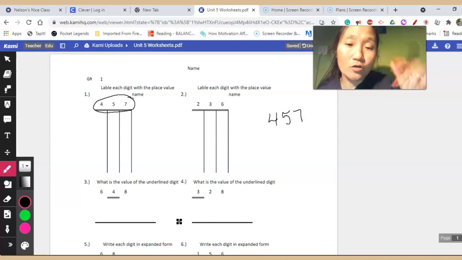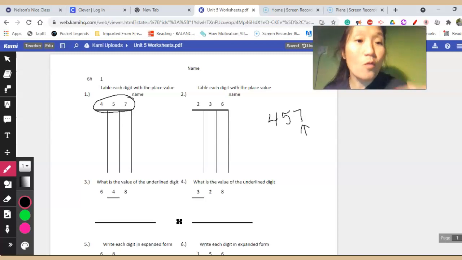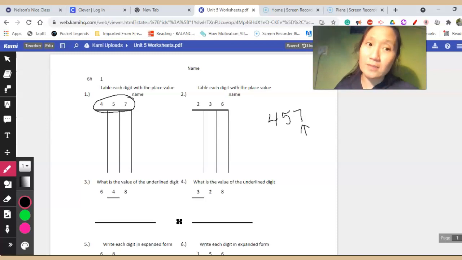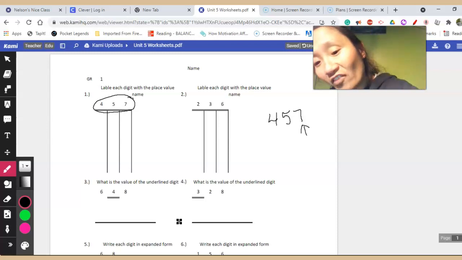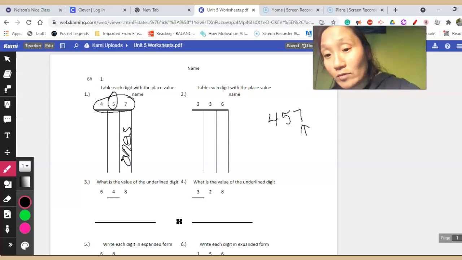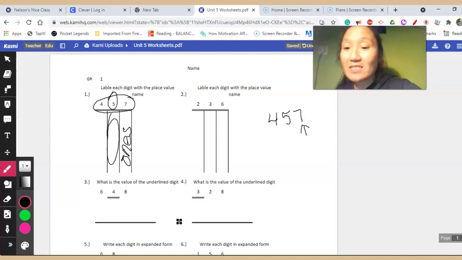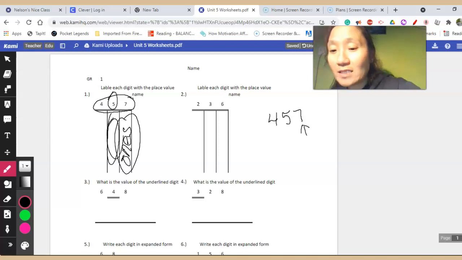Okay, and you're going to decide, it says label each digit with the place value name. So I want the name of this digit. What is that place value? Well, it's sitting in what place? Ones, tens, hundreds, thousands. You will fill that in here. Ones. If this is the ones place, what is this place value?